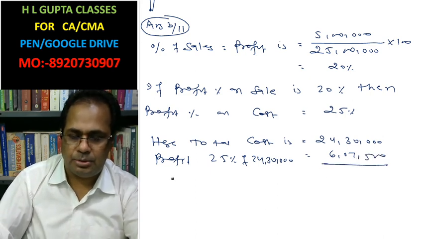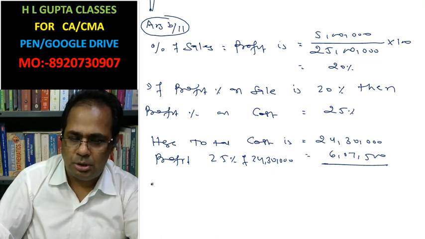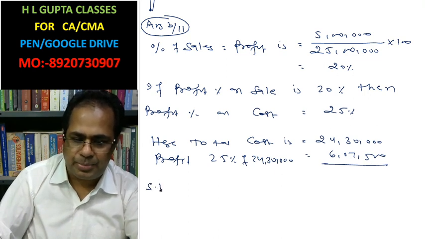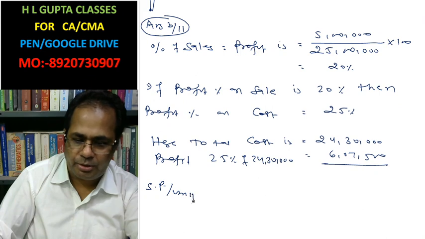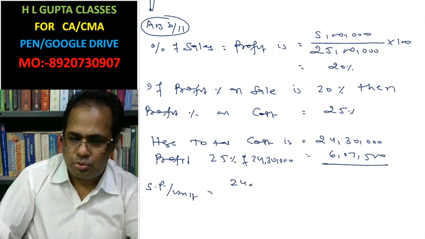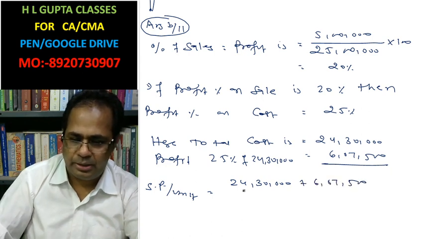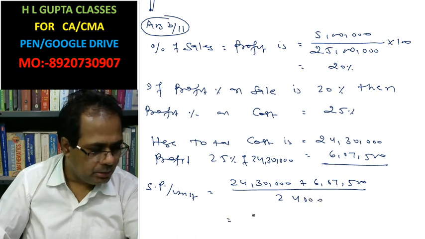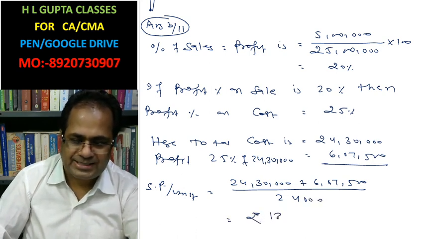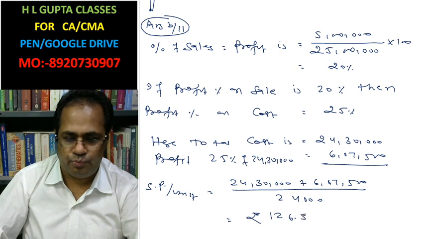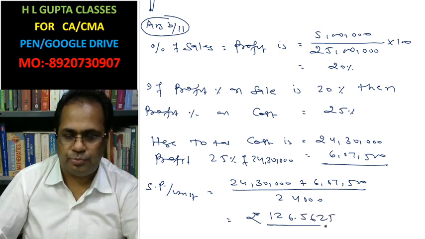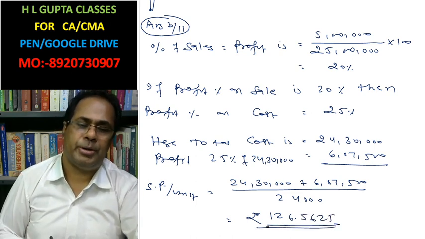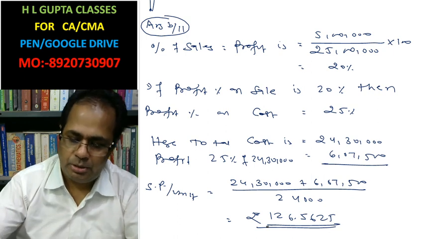Total we have selling price per unit: 24,30,000 plus 6,07,500 divided by 24,000, rupees 126.5625. Okay.